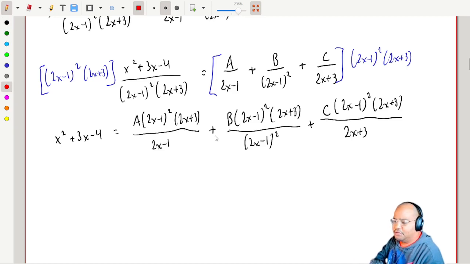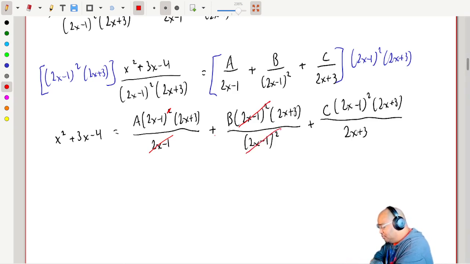So let's go ahead and mark out the things that actually will vanish. So for the first term, I have one of the 2x minus 1s going away. In the second, both the 2x minus 1s go away. And in the third, the 2x plus 3 goes away.